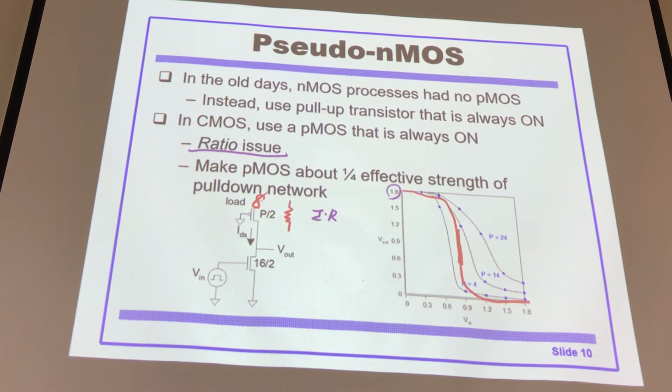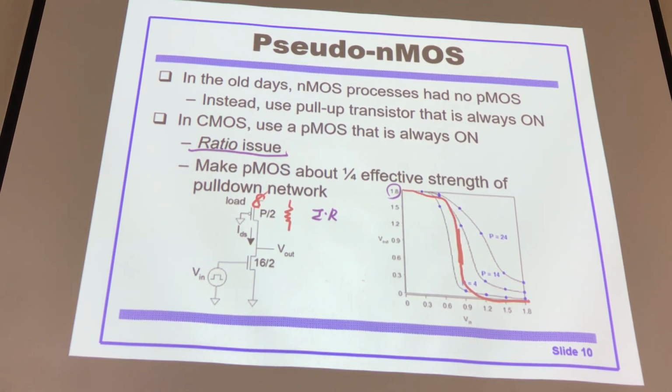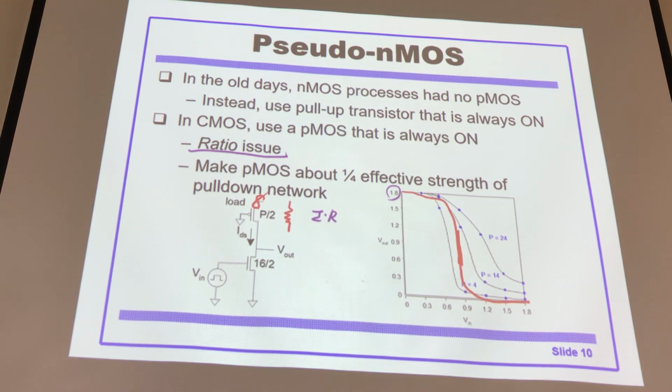And the reason why the PMOS transistor is on is we try to make that component not a real conductor and not a real insulator. It's something in between.